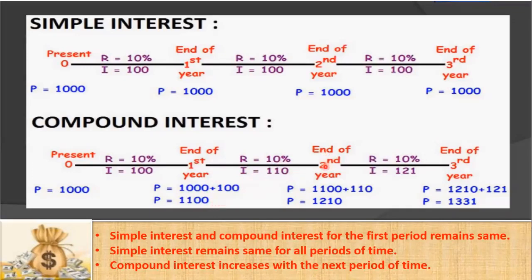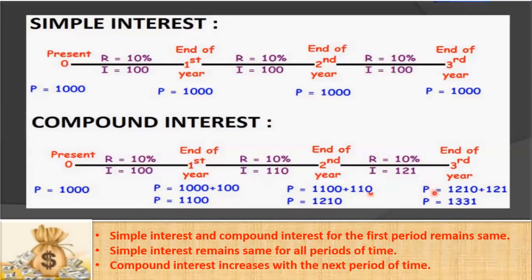So at the end of second year, amount will become principal plus interest, that is 1100 plus 110, that is 1210, which will become principal for the third year. In third year, rate is 10%. So interest will be 10% of this principal, 1210, that is rupees 121.